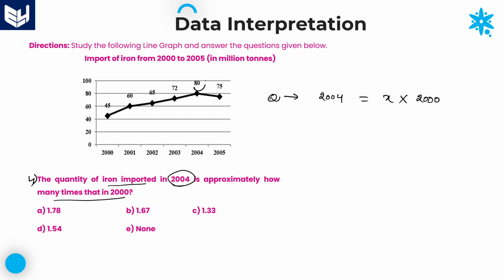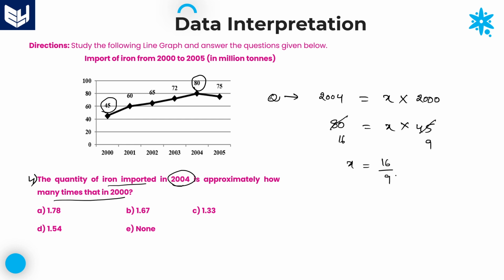In 2004, the quantity of iron imported is 80 million tons, which is equal to x into the quantity in the year 2000, which is 45. From this you can write x, cancelling with the 5 table first, 5 16 times, 5 9 times. Therefore x is equal to 16 by 9.